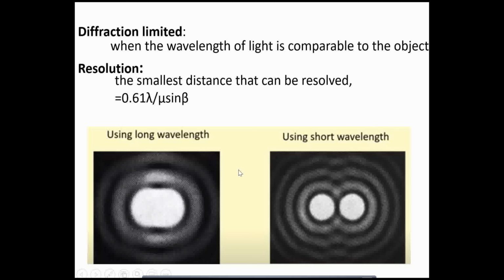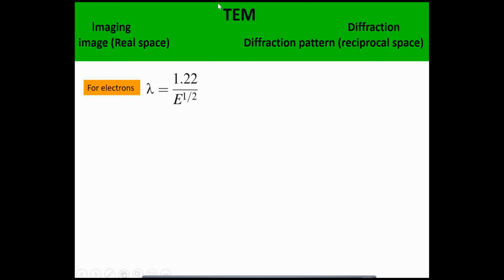Now in TEM we can do imaging. TEM can image one particular location in a sample, and for the same local region it will do diffraction also. So you can have simultaneous real space imaging and reciprocal space diffraction pattern of the same region. In TEM, we accelerate electrons to a high voltage.